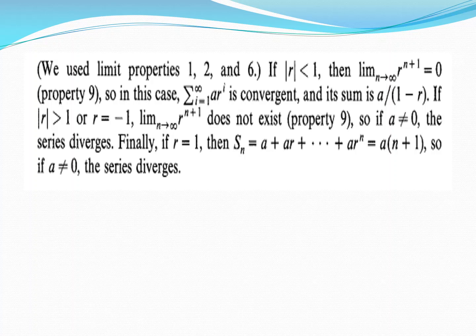If the absolute value of r is less than 1, then this limiting value will be equal to 0 according to the properties. So in this case, this summation is convergent and its sum is a by (1 minus r).